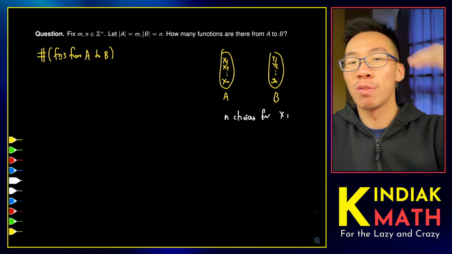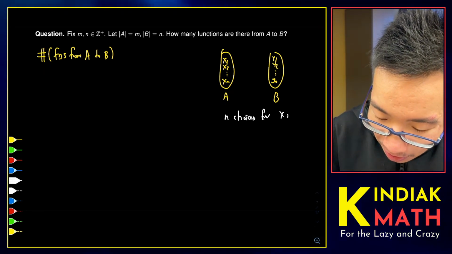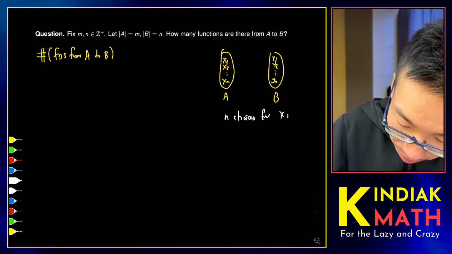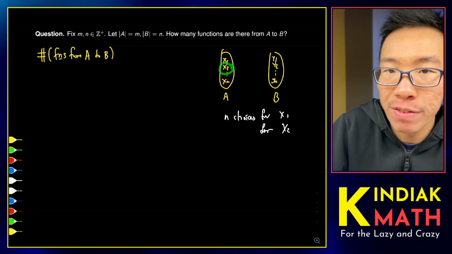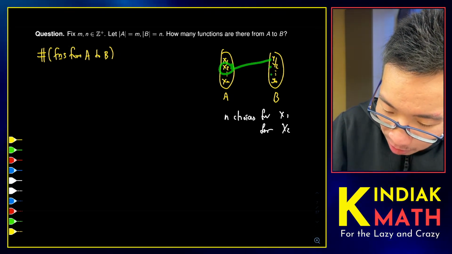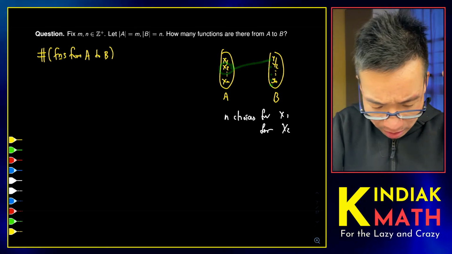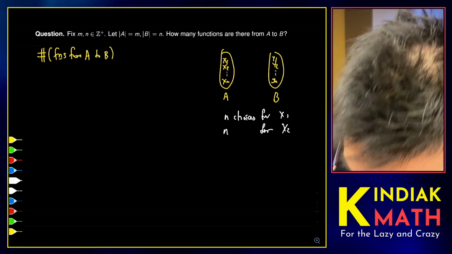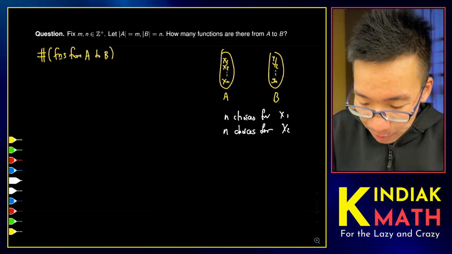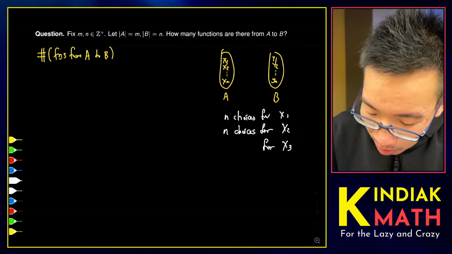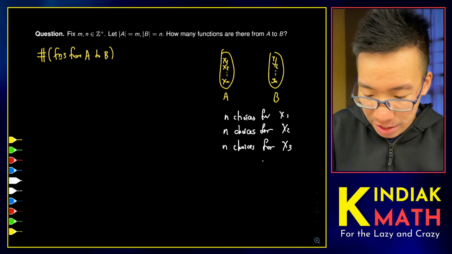We can choose any of y1 to yn. And then for x2, how many choices do we have? We could still pick any one of these, right? We could take any of the yj's. So there's still a total of n choices for x2. And for x3, we will also have n choices because we can choose any of these, and so on and so forth.